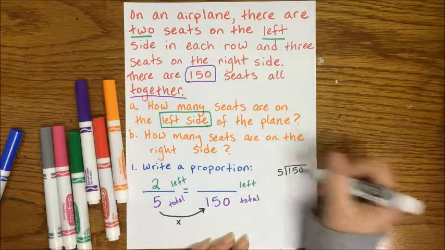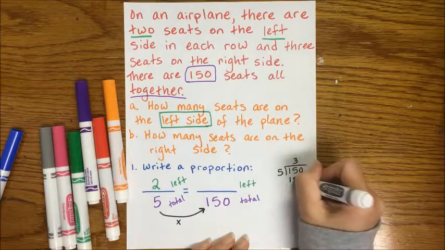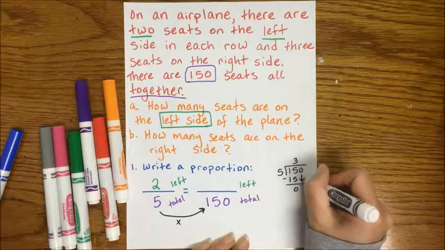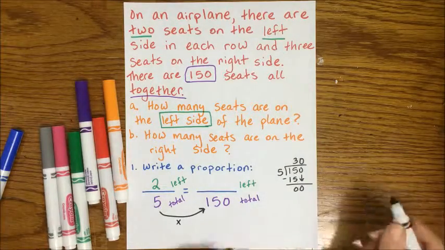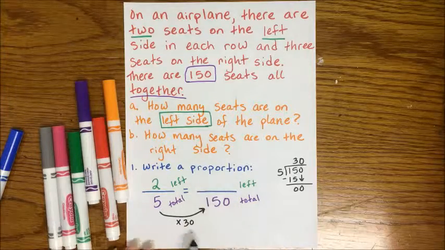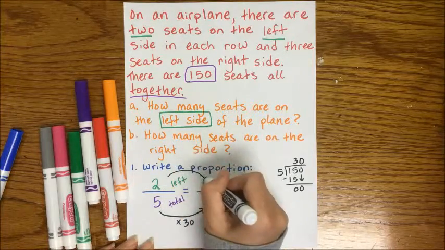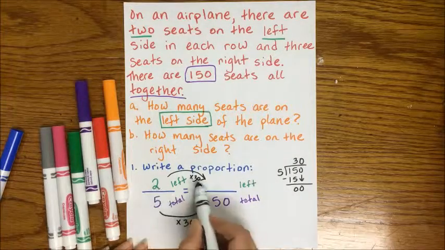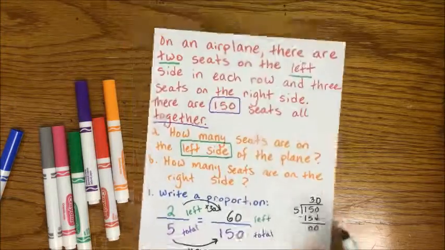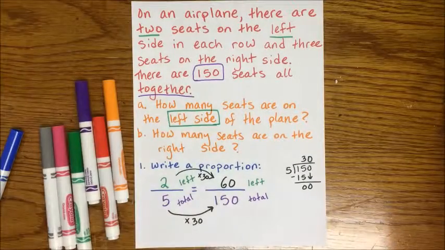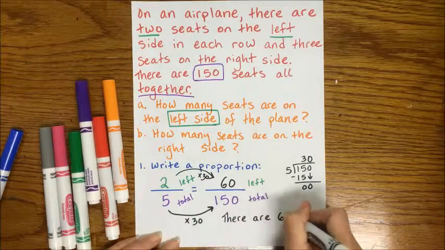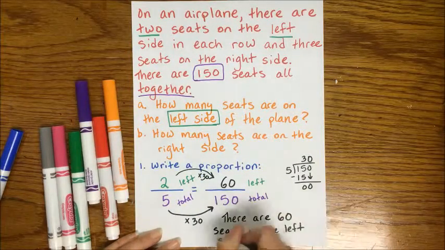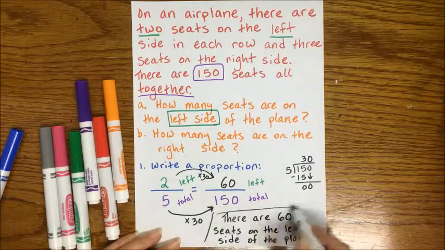Go ahead and solve the math on the side of the page to find out your scale factor, or the jump number. You'll find that 5 times 30 gives you the 150. So we do the same thing to the top. 2 times 30 will give us 60. So as a sentence, there will be 60 seats on the left side of the plane.